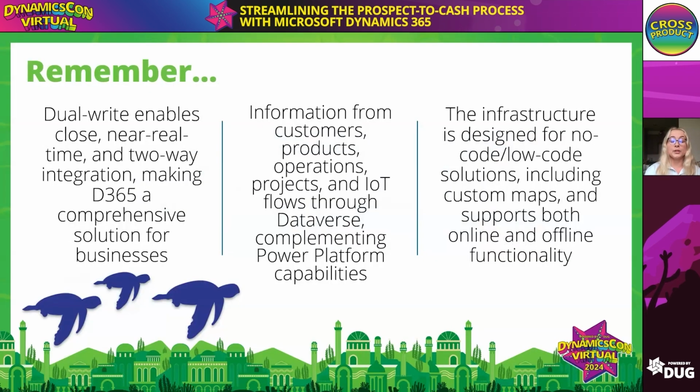There are 3 things that I do want you to remember from this presentation today. First and foremost, dual write allows near real-time data sharing, making D365 a comprehensive solution for a business. Second, data is shared via the Dataverse, enabling scale through Power Platform capabilities. How else would you use this data?